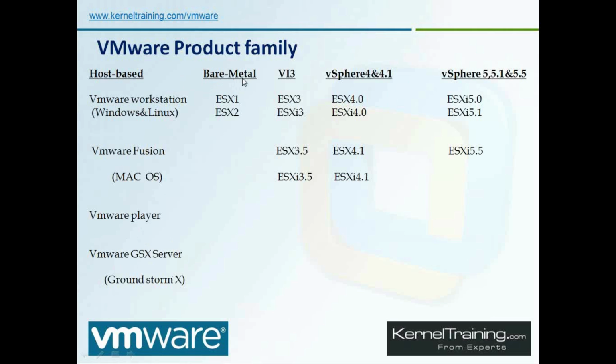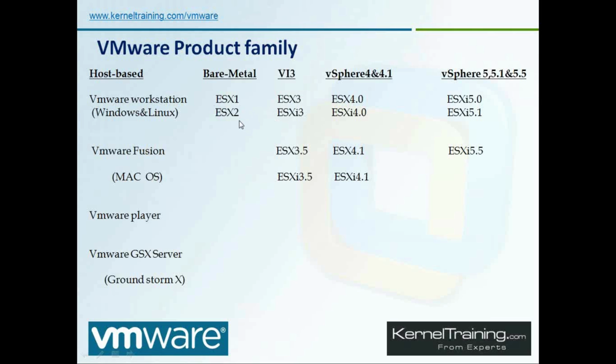Now coming to bare metal, VMware first introduced the VMware ESX Server. It was used as the hypervisor, and after that they introduced ESX 2, and after that ESX 3 and ESXi 3, and after that they enhanced the features and introduced ESX 3.5 and ESXi 3.5.